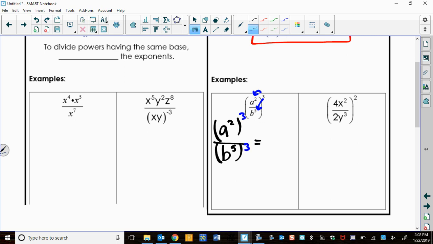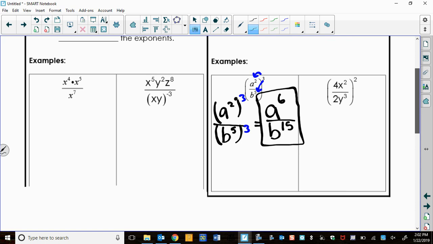If we remember from our previous video, you multiply exponents if you're raising a power to a power. So we'll have a to the second times 3, which is 6, over b to the 15th power. And that is your final answer. So just remember to distribute every power that's outside the parentheses to the numerator and to the denominator.